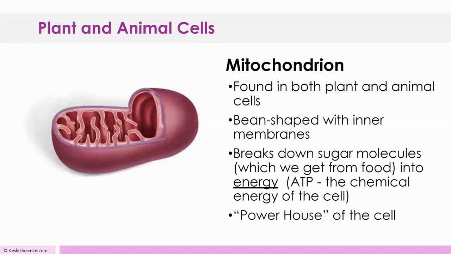So for that reason, people call it the powerhouse. It's kind of like the furnace that keeps your apartment or house warm. It takes in energy like fuel, like gas or oil, and converts it into heat. It keeps everything going.